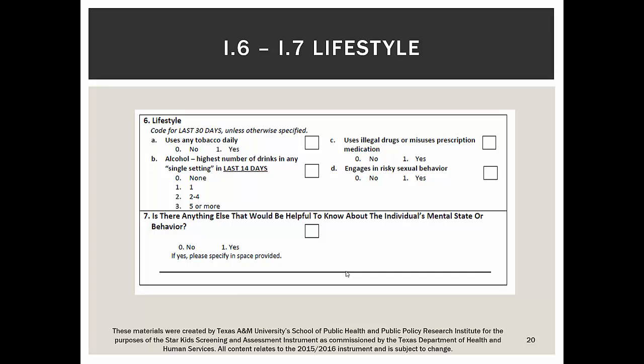Don't always assume that just because an individual is a preteen that the question doesn't apply. While it's not a mandatory question for the completion of the SAI, you should still make your best effort to complete it. Regarding these questions on lifestyle, during our initial trials, families and stakeholders agreed that these questions were necessary.